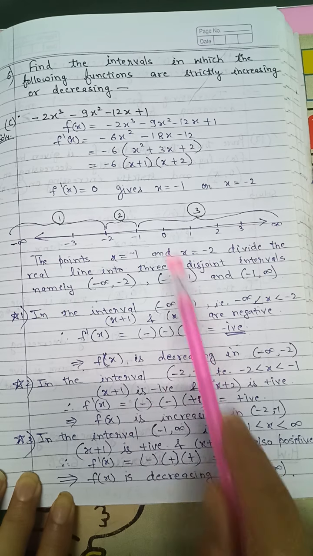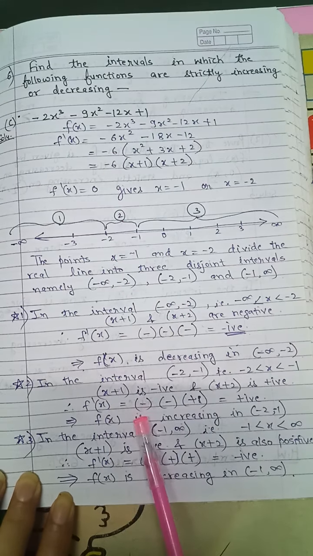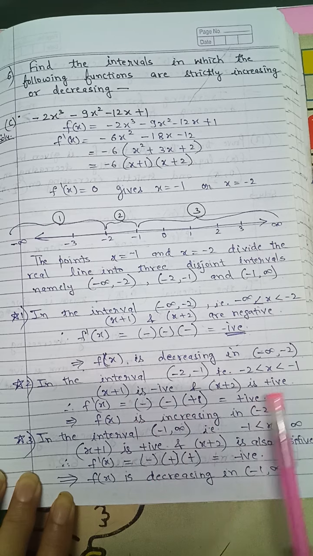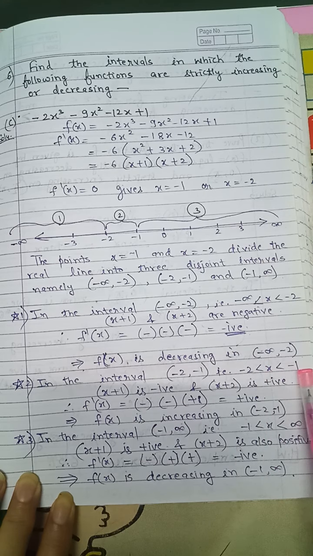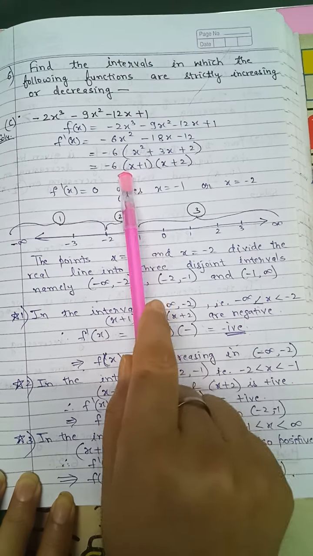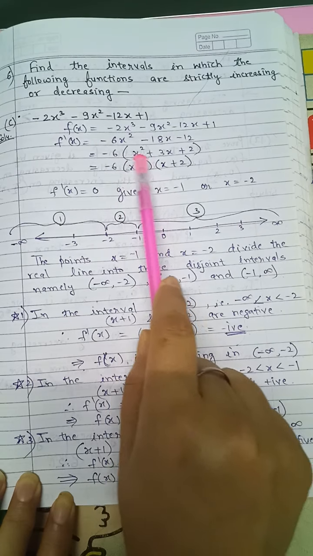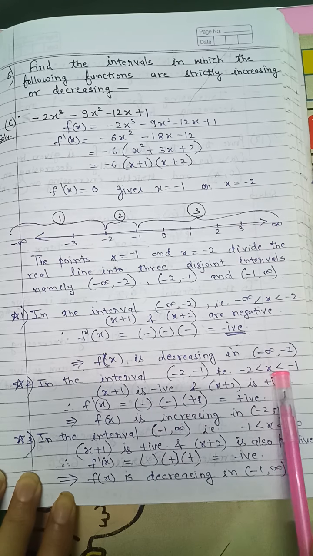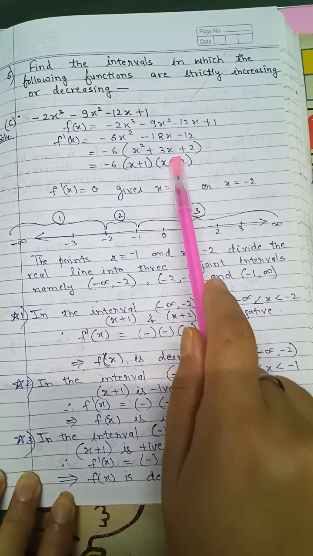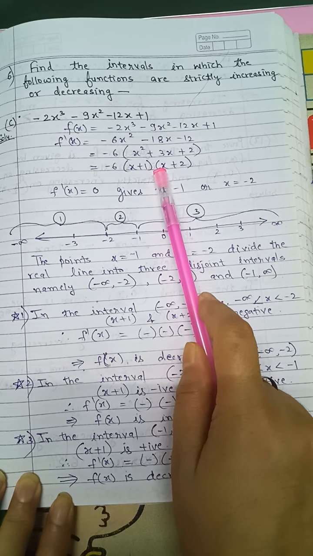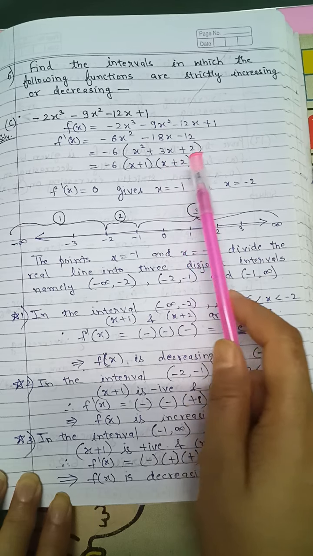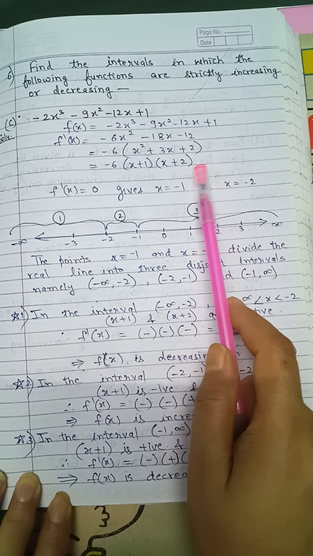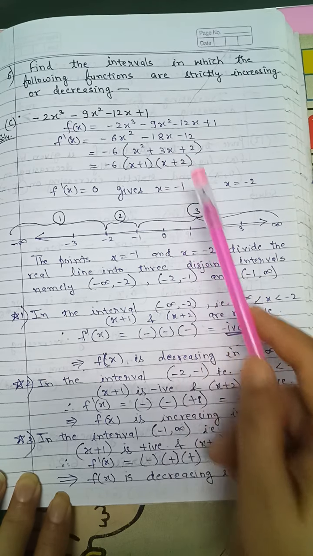The first number will always be negative, so I have written a negative over here. Now any number between minus 2 and minus 1, if I put it here, will again give me a minus number. So this is also negative. And any number between this, if I put it here, suppose minus 1.5, minus 1.75, any number I put, we will get a positive value.